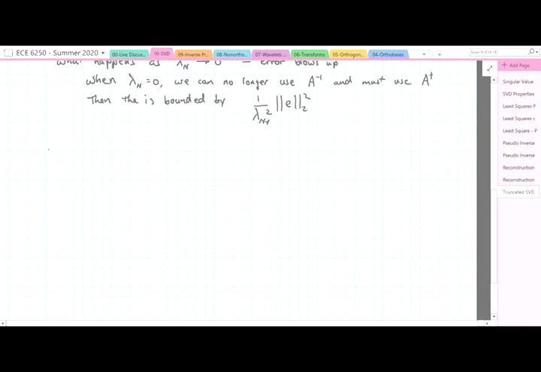So we have A is equal to some matrix U, and let me introduce one other thing first. It will maybe help with this. Let's do this.